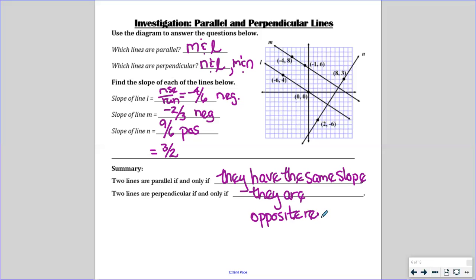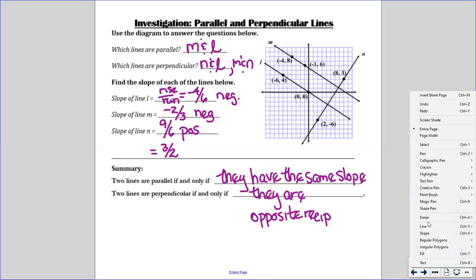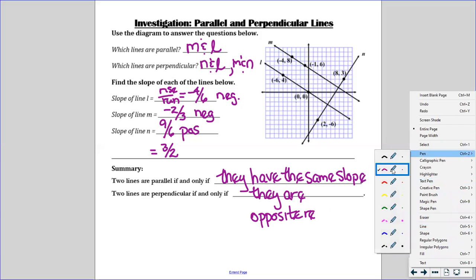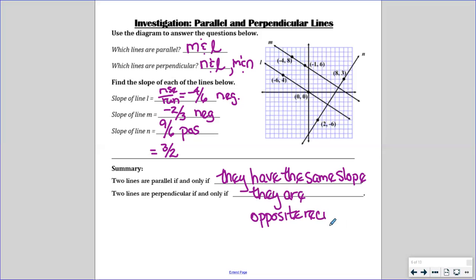Oops, that was weird. Let me write that much neater. Go back to the pen. Reciprocal. So basically you're flipping the fraction and then you're negating it.